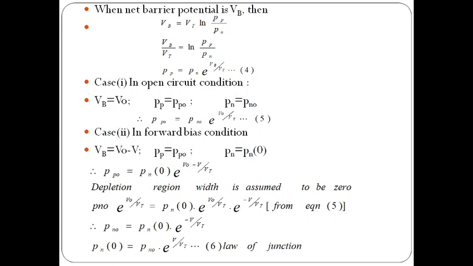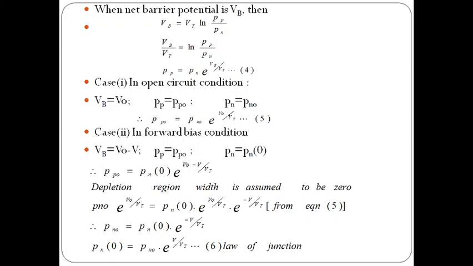When there is a net barrier potential Vb, we can write Vb equals V0 minus V. Then Vb equals Vt into ln Pp by Pn, that is, majority holes in the P region by holes in the N region.